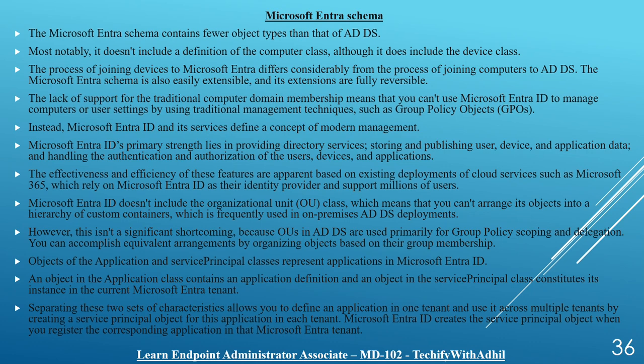So if you separate these two classes, the application class and the service principal class, this allows you to define an application in one tenant and use it across multiple tenants. You just have to create a service principal object in each tenant, then it can be used across multiple tenants.